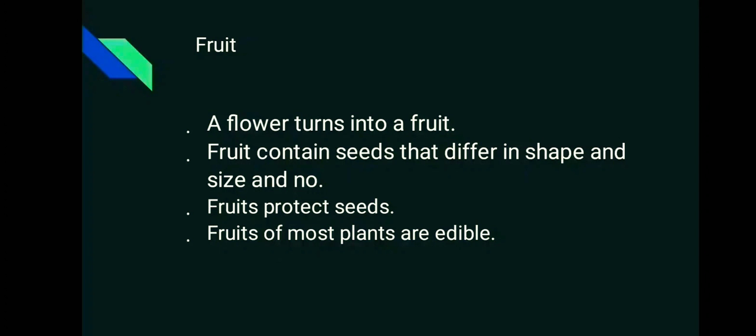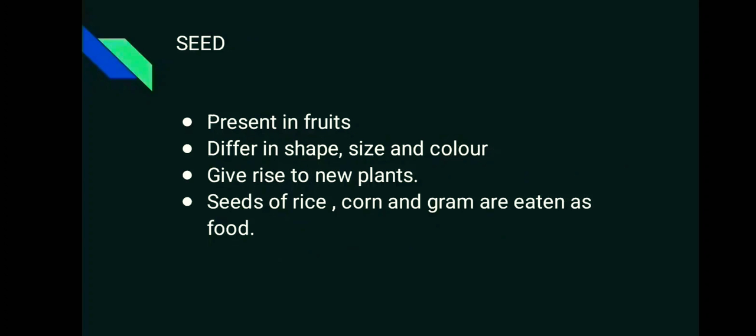Most of the plants have fruits which are edible, like mango, apple, oranges, banana, right? So, what are the functions? A fruit's main function is to protect the seed, and fruits of most of the plants are edible. Edible means they can be eaten.